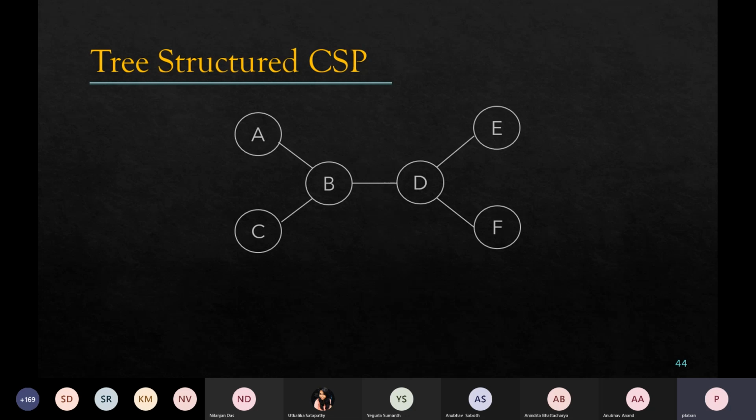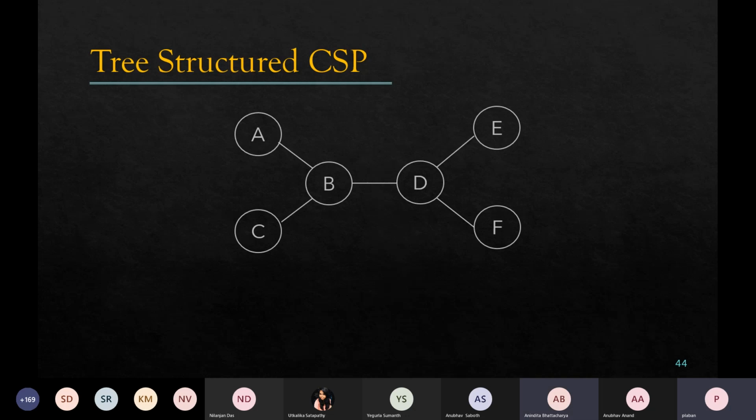So let us talk about another kind of situation. Here you see that we are analyzing the problem structure. It is not the case that whatever solution I have for a particular structure will be applicable to other structures. So let me talk about another kind of structure, which we call a tree-structured CSP, right? The first thing you can observe is that we do not have any cycle in this graph.